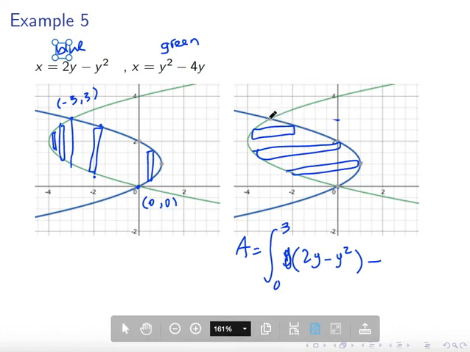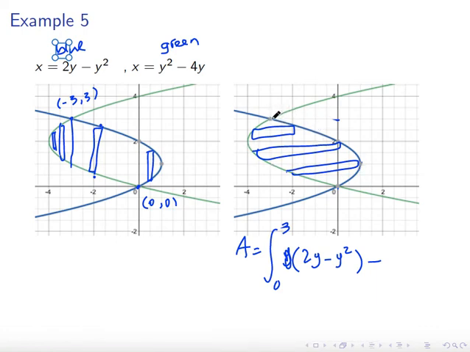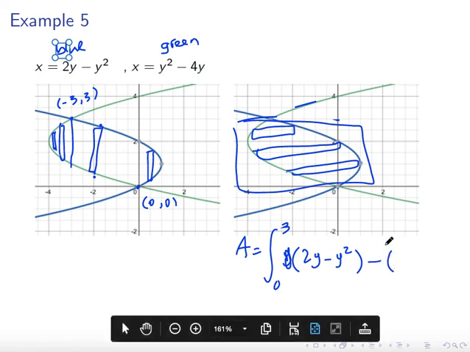So basically we are thinking left and right on the interval that we are integrating. That means you're not looking at this part and this part, you're looking at this part. So minus the other curve, which is y squared minus 4y dy. And this is a very, very easy integral to solve.